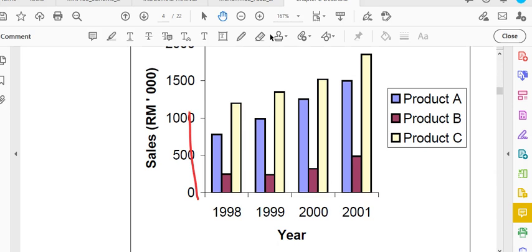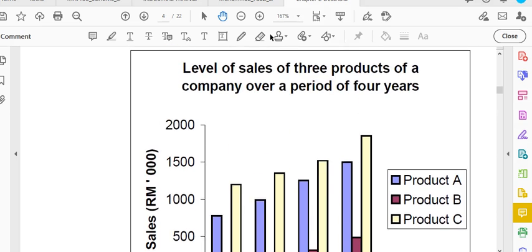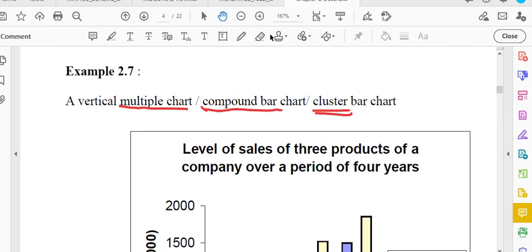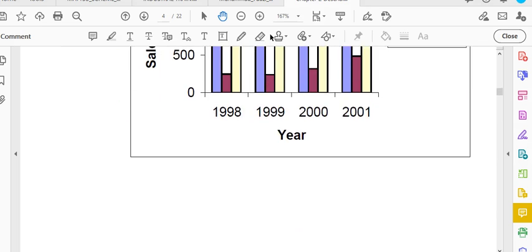From one cluster you will have more than one bar, so in each cluster you have more than one bar. So this is cluster, in other words called compound, or multiple bar chart.